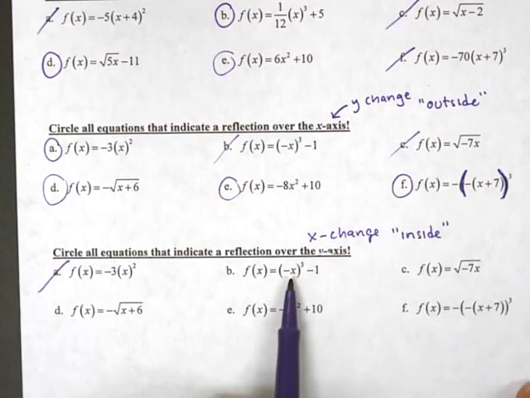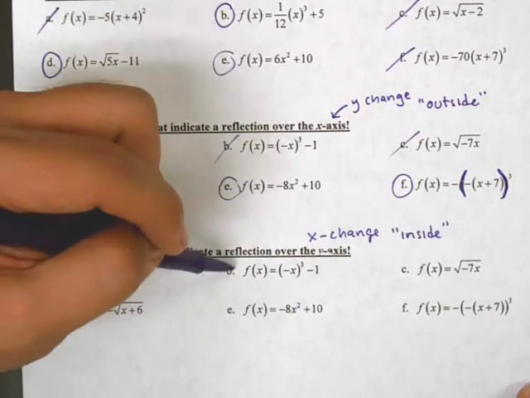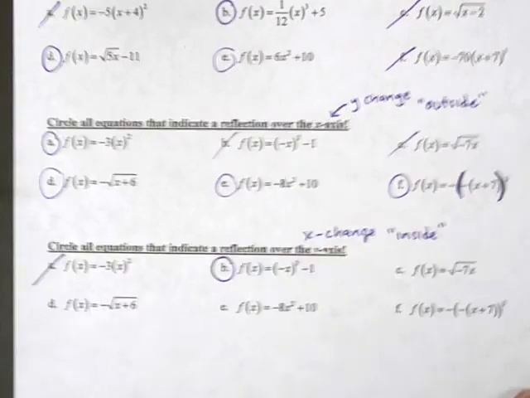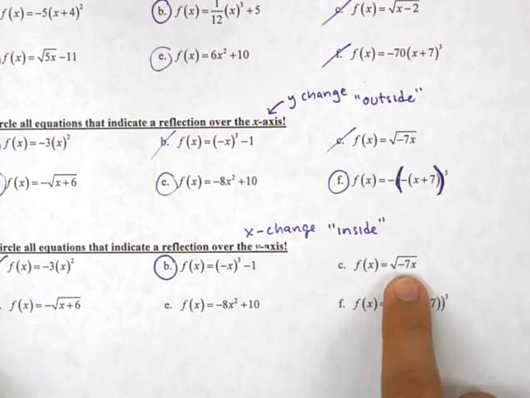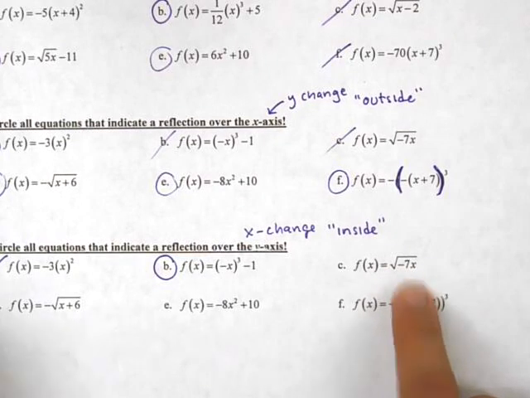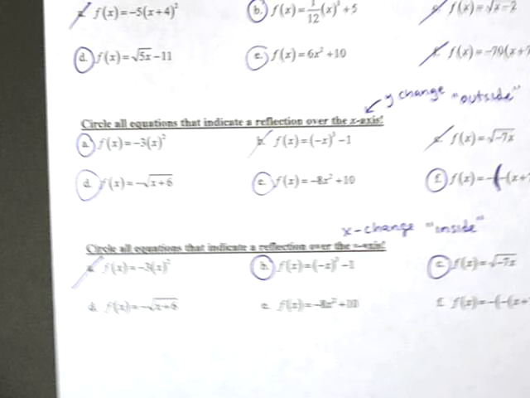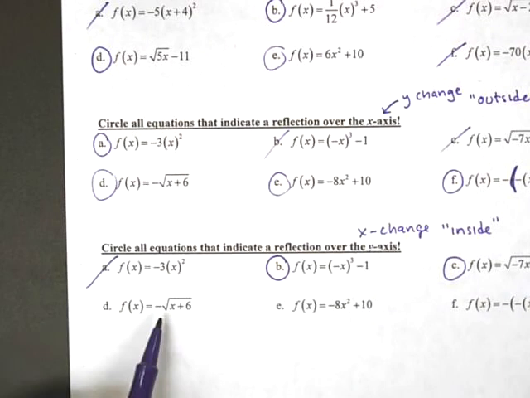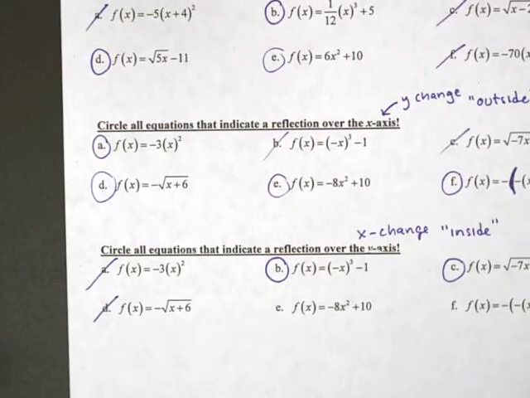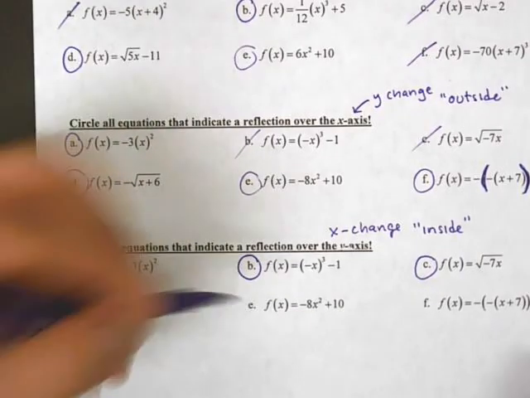Here my negative is inside the function, so that is a yes. Once again, square root function, negative is inside, this is a yes. Negative is outside, no. Negative is outside, no.